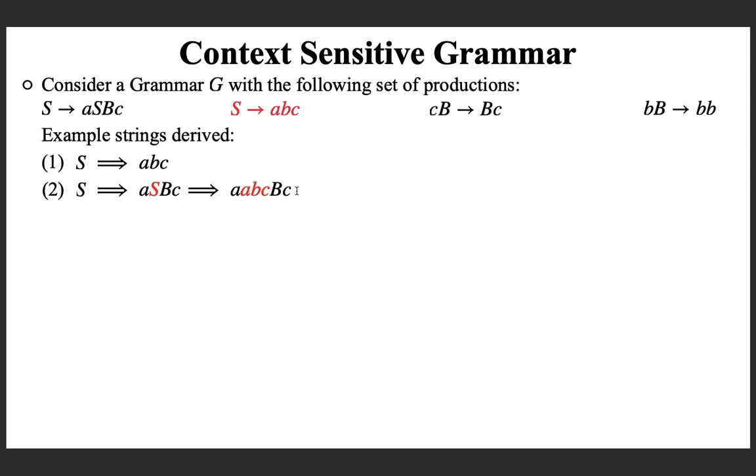Now this is not a string in the language, you have to replace this variable with a terminal, and for that suppose I apply production number 3. What is it? Small c capital B can be replaced with capital B small c. You are interchanging. That is what we did. Now you can apply the last production. This small b capital B can be replaced by small bb, and thus we are deriving a square b square c square.